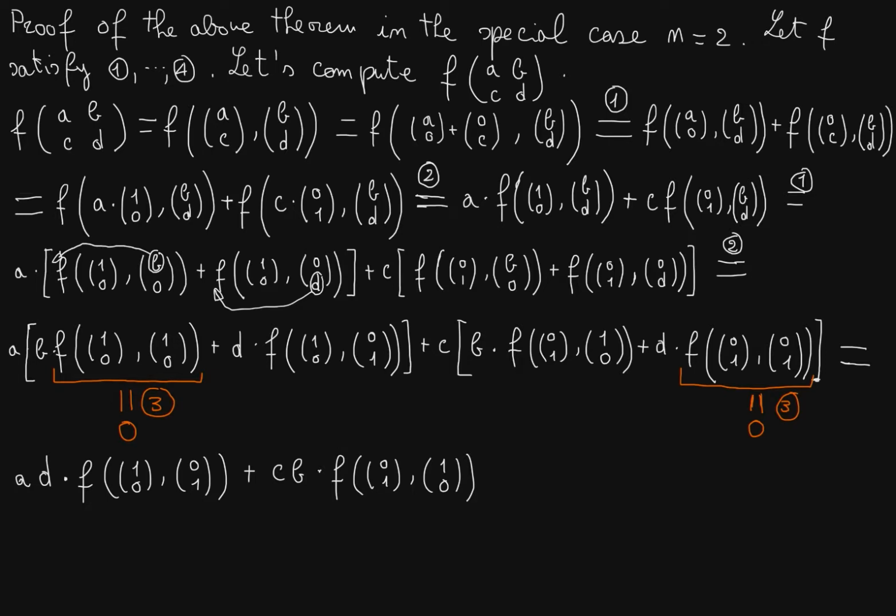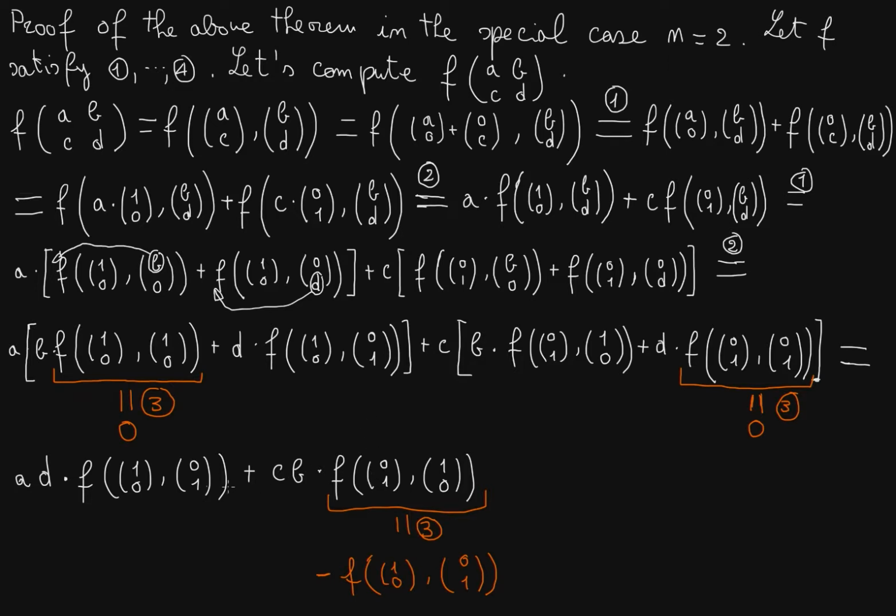Because we apply again property 3, but in the equivalent form that we have written before. As it was originally stated, the alternating property said that if two consecutive vectors are equal, then f is 0. Now the alternative version was if two consecutive vectors are switched, then f changes sign.